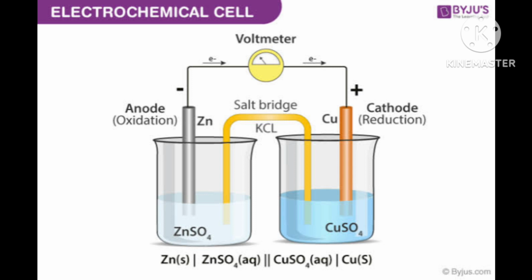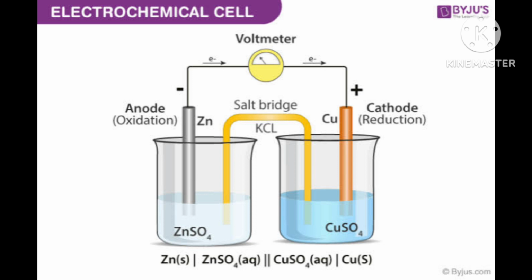If a metal rod is dipped in a solution having the same cation, that is the metal ion, then what is the tendency to lose the electron? That is called potential.